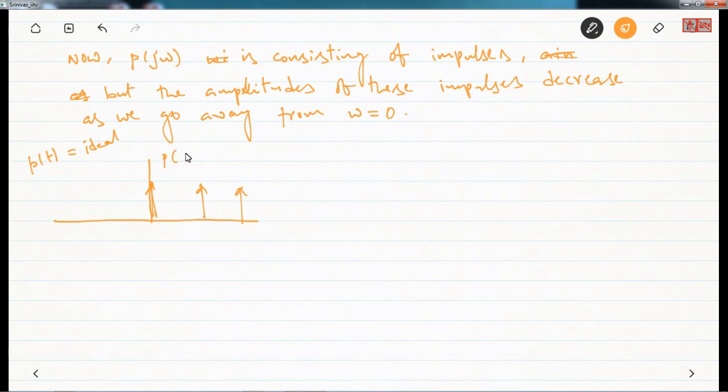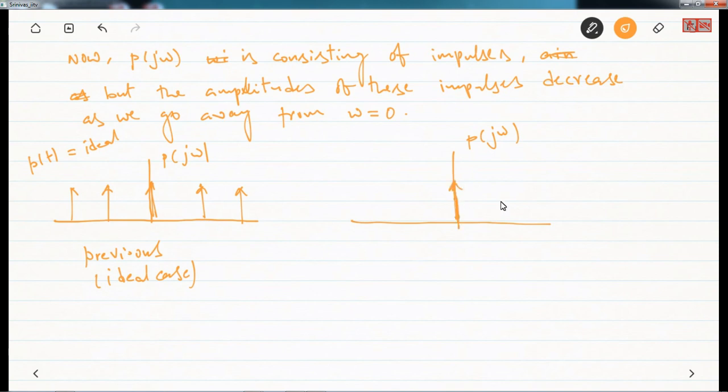So previous meaning the ideal case or natural case. Now our p of j omega has an impulse train with reduced amplitudes.